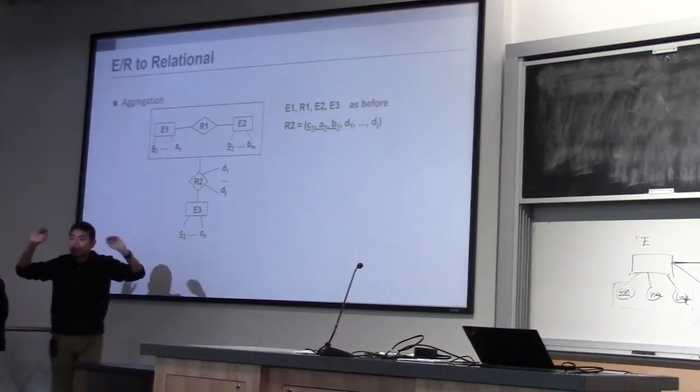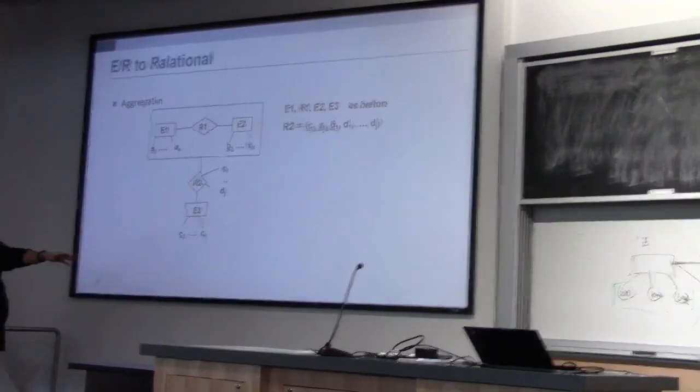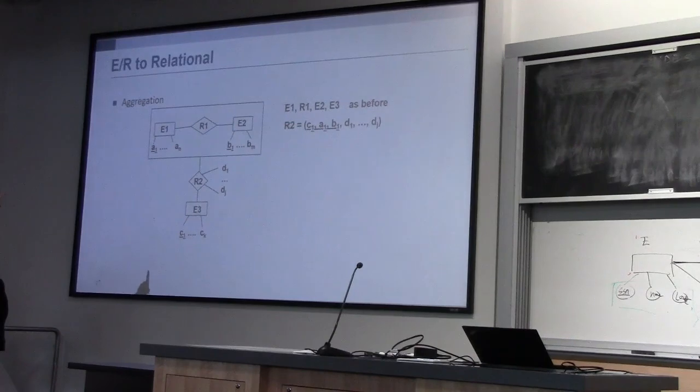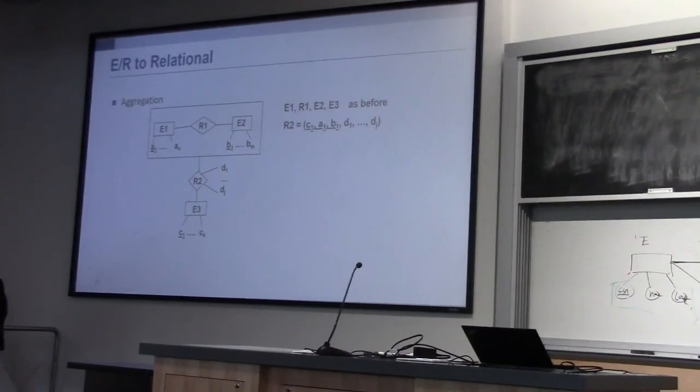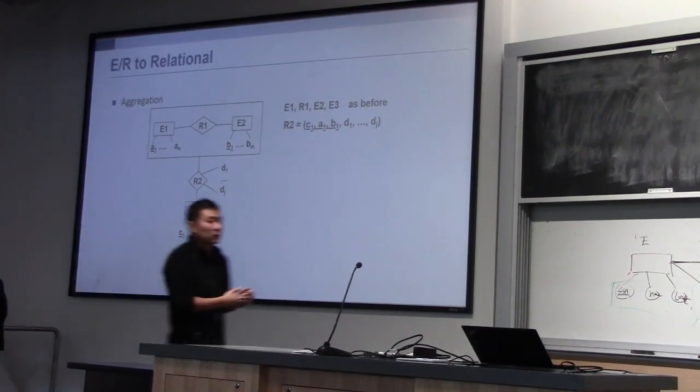All 3 entity sets still go to separate tables. And that normal relation set, you just do whatever you need to do, whether it's many-to-many, one-to-many. The aggregation, you treat it like a ternary relation set. It goes to a table itself by taking the keys from all involved entities, as well as relationship specific attributes. That's how you treat aggregation.